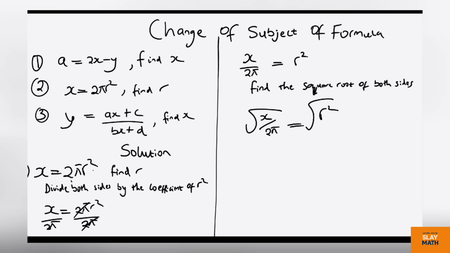On the right hand side, the square will cancel out the square root sign, and we have the square root of x over 2 pi is equal to r. There we have it. Our final answer is r is equal to the square root of x over 2 pi. That's the answer for the second question.